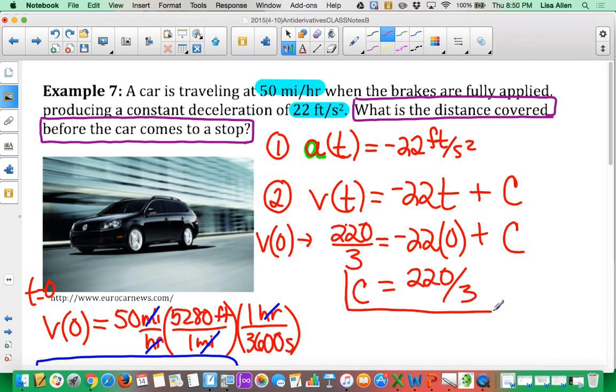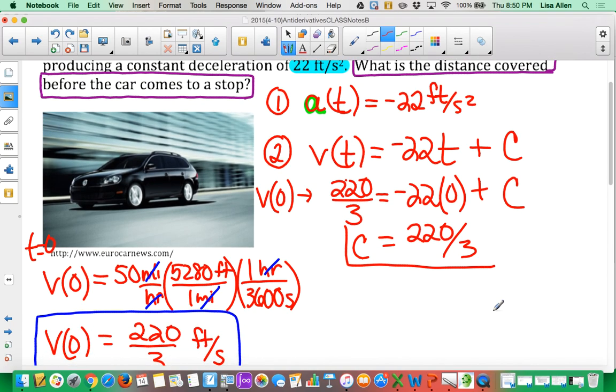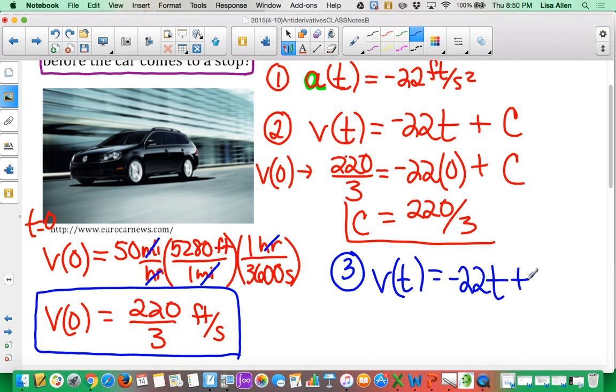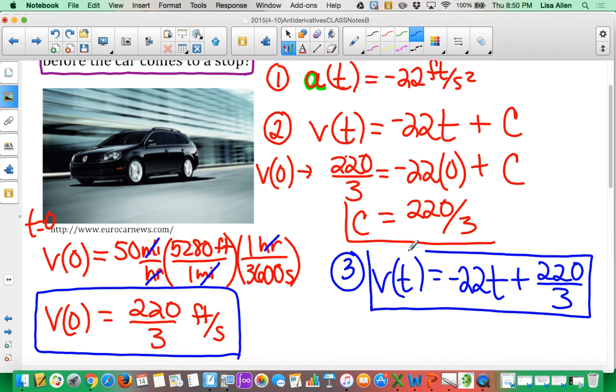So we have our c. Then I'm going to change color here so we can pick up on the next video. Our velocity function is equal to negative 22t plus 220 over 3. So now we have our velocity function.